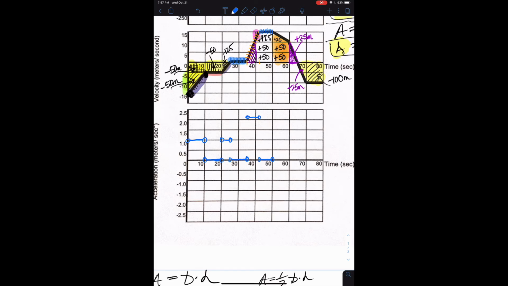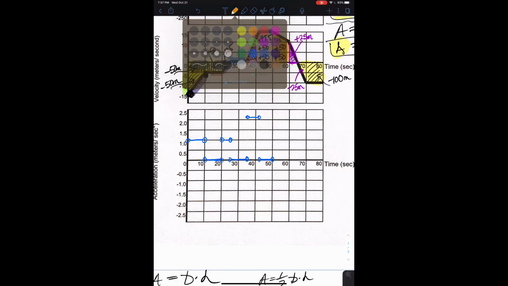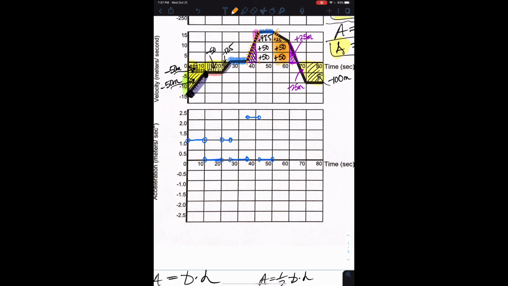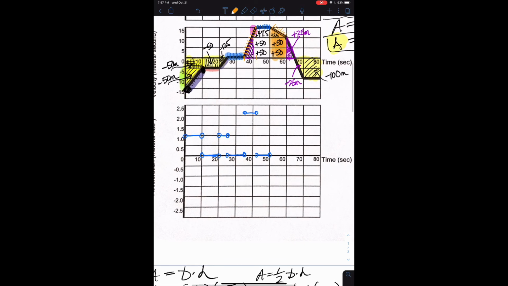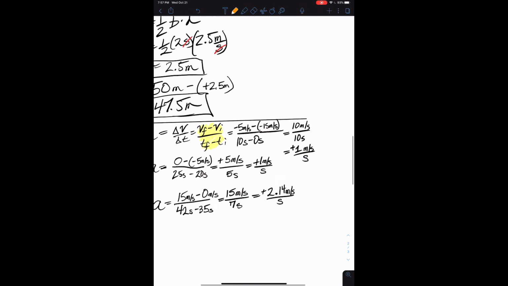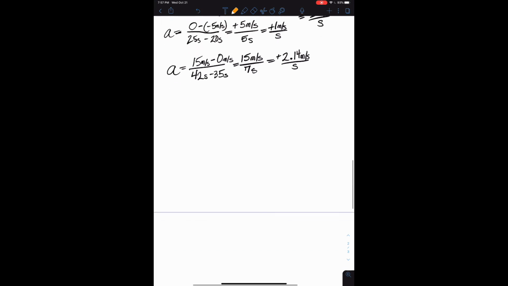Looks like it's going to occur over, let's see if I can show you what I'm talking about here. So this orange line right here, it's going to occur over a time period from 60 to 50. And the height is going to go from 15 to 10. So 10 will be the final, and initial velocity will be 15. Let me write that out.